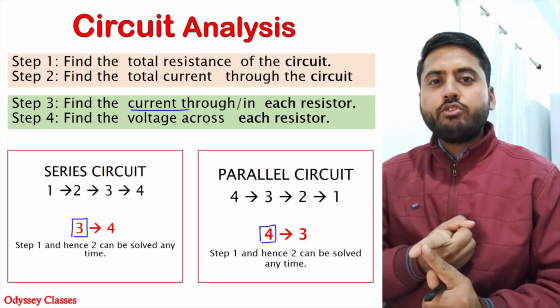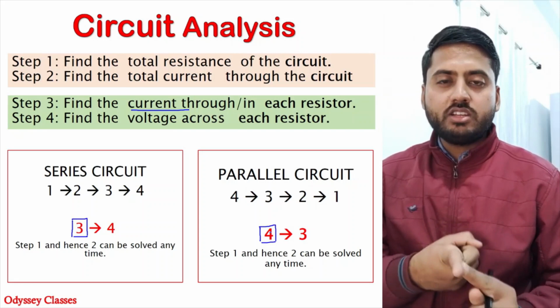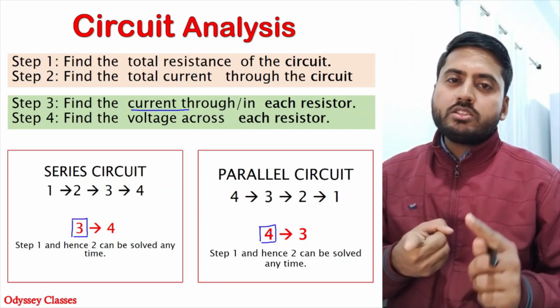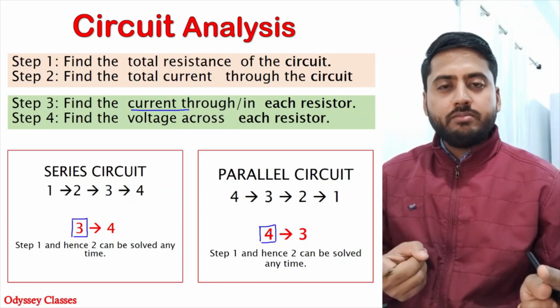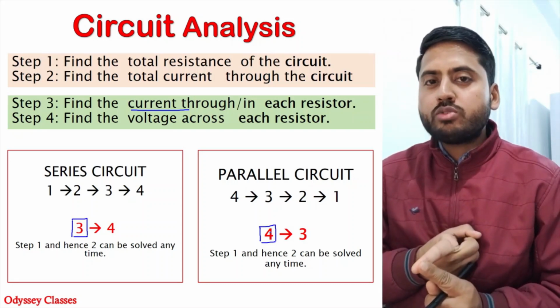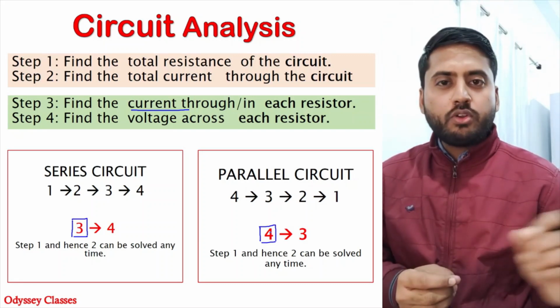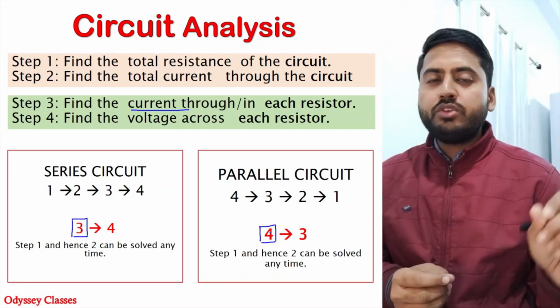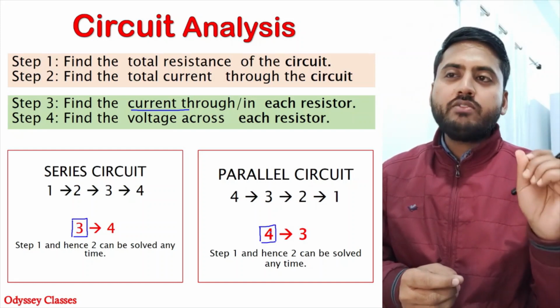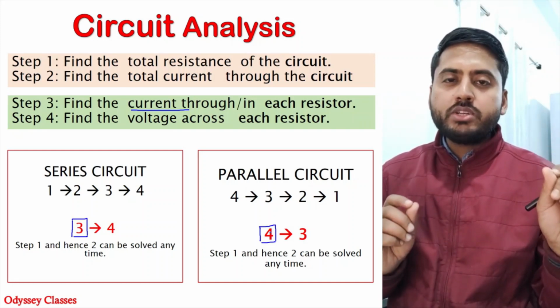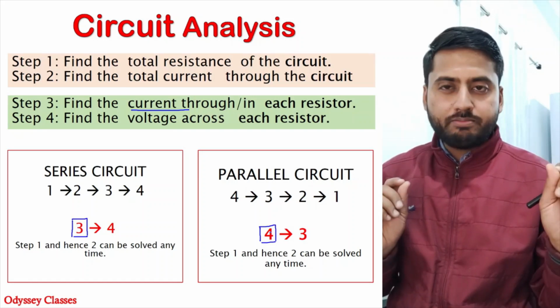This is what we have to take care of in series and parallel circuits. Step number 1 and step number 2 we can solve at any given time. There is no fixed rule when to solve step 1 and step 2. But I would suggest just follow the sequence 1, 2, 3, 4 in case of series, and for parallel, start with 4, 3, 2, 1. You will never miss any given question in the exam.